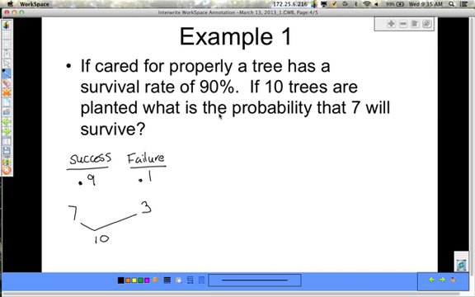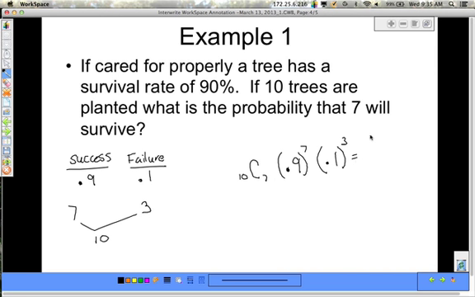So we start out with our combination. There's 10 total. We choose our successes, which we want 7 to succeed. The probability for success is 0.9. We want 7 successes. Our failure rate is 0.1, and we want 3 failures.